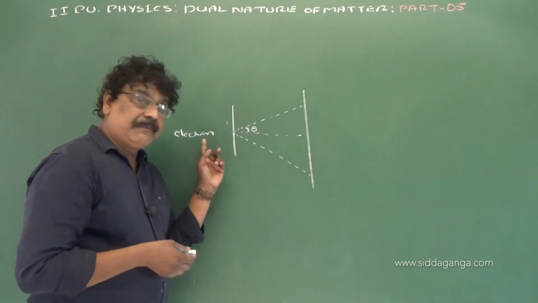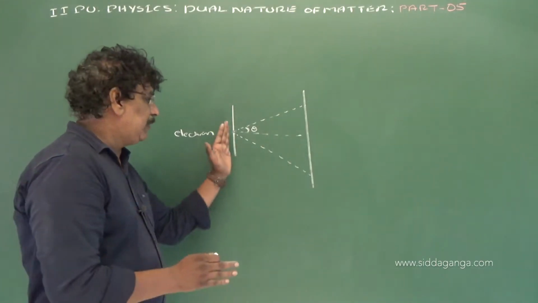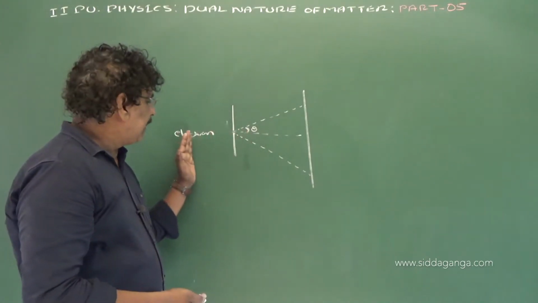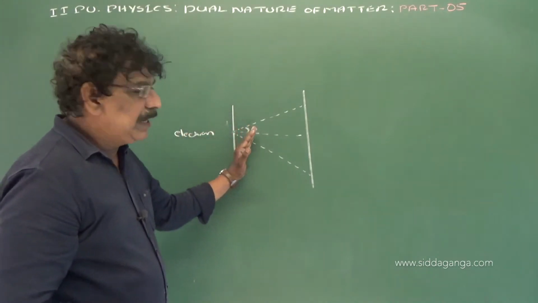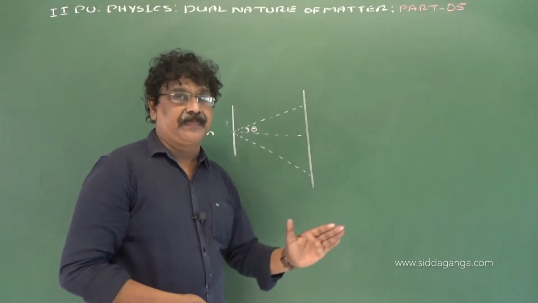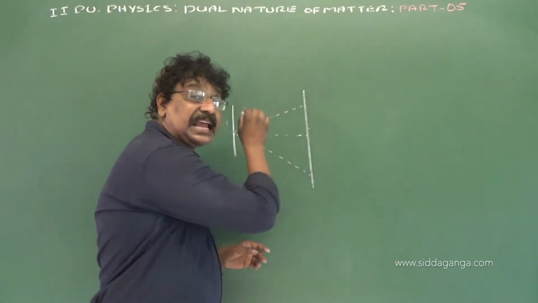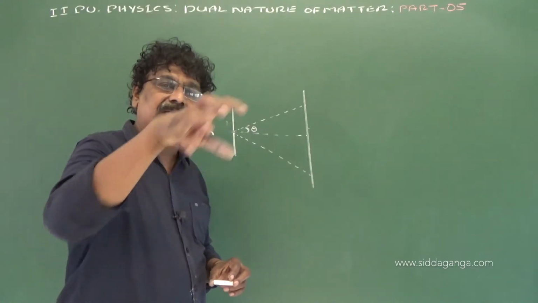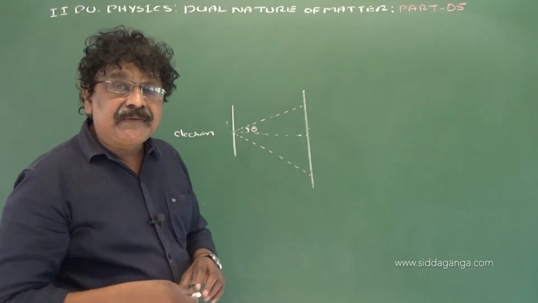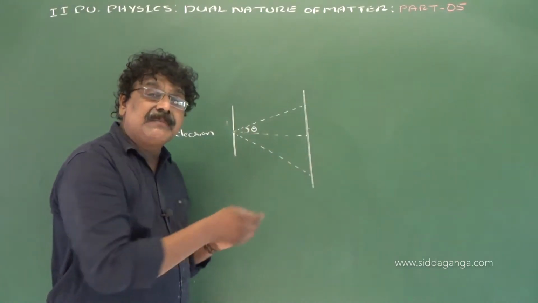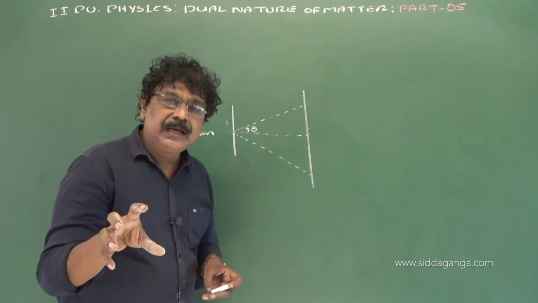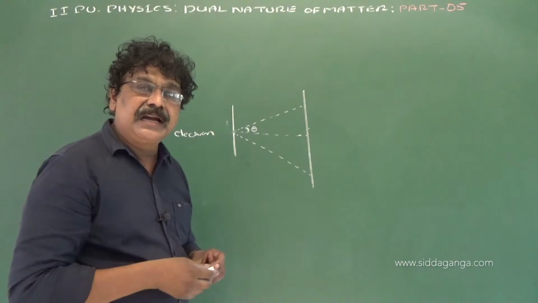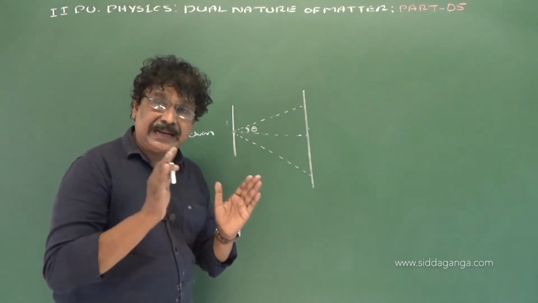Now suppose an electron is made to be incident on a slit and it produces a diffraction pattern, that means at different parts of the screen the intensities of electrons are different, at certain points maximum, at certain points minimum, then we can say that the electron exhibits diffraction.